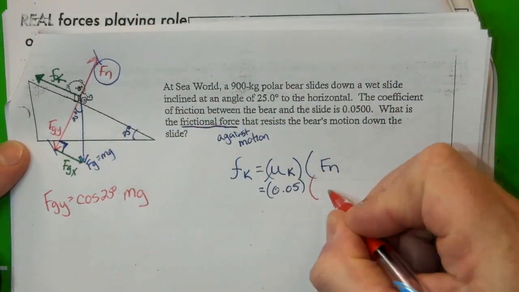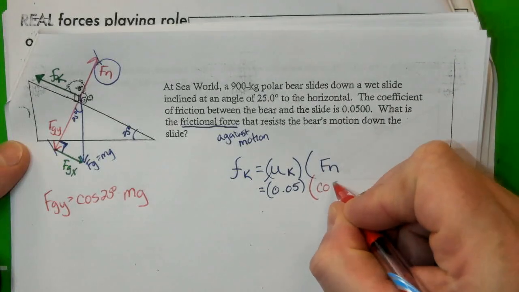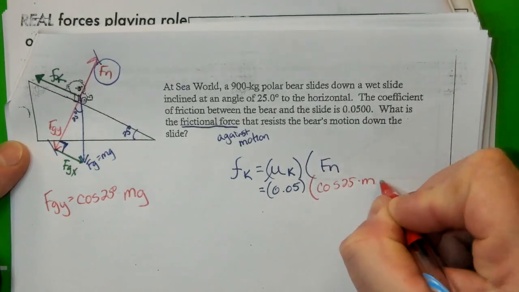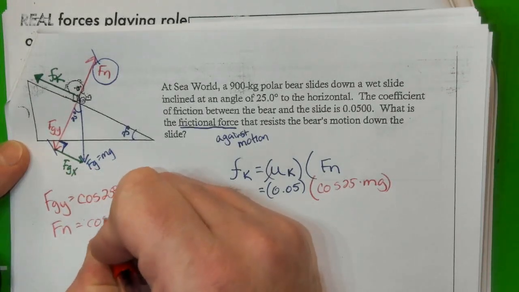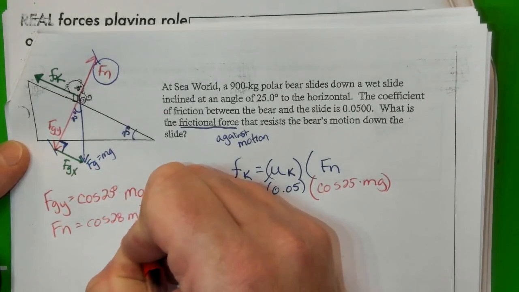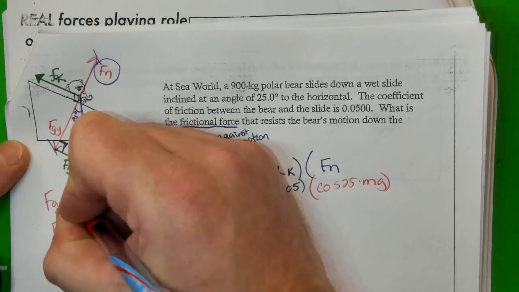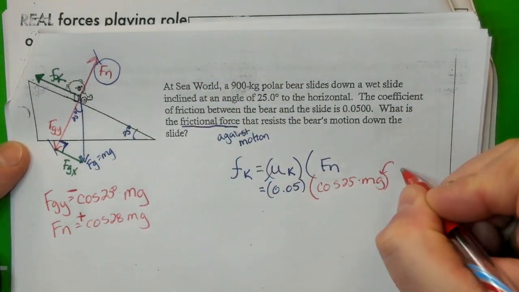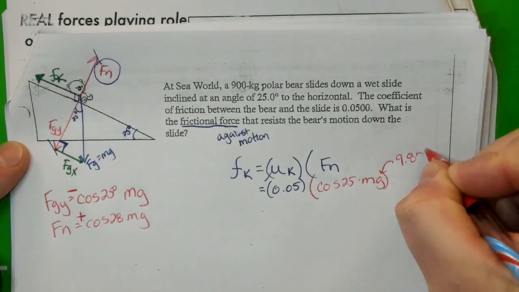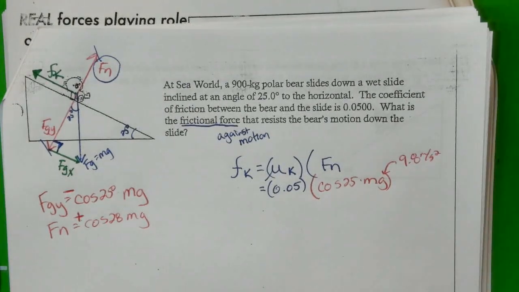So let's plug that in: cosine 25 times mg. These two forces are the same exact magnitude, but the gravity force is negative and the normal force is positive, so we'll plug in a positive 9.8 meters per second squared for g.